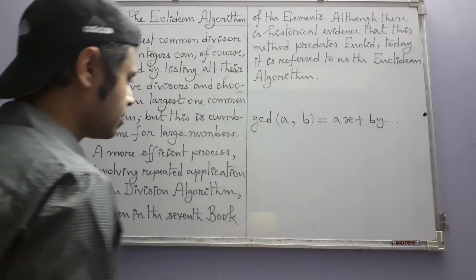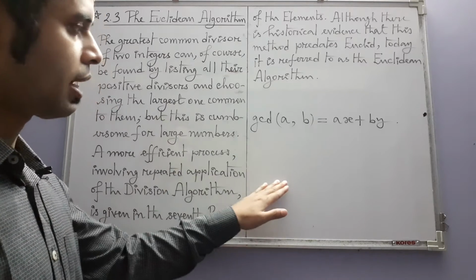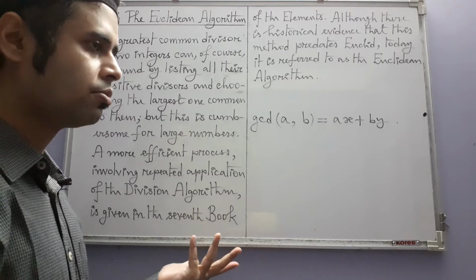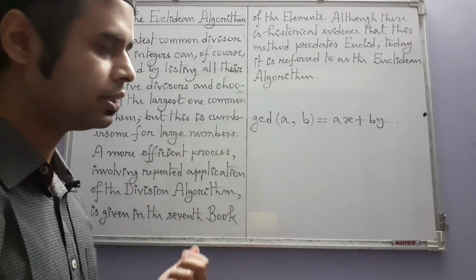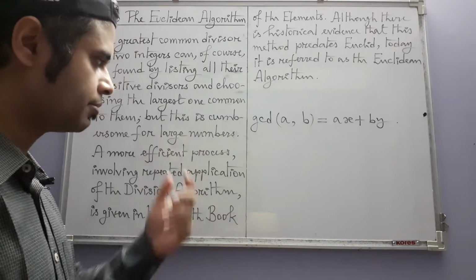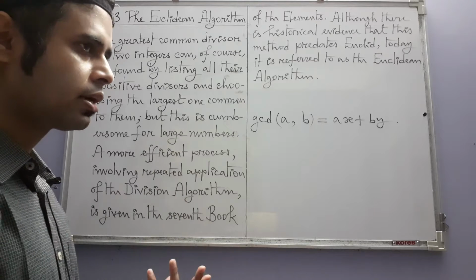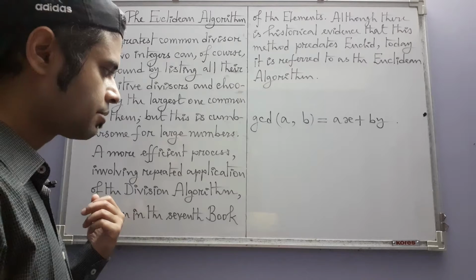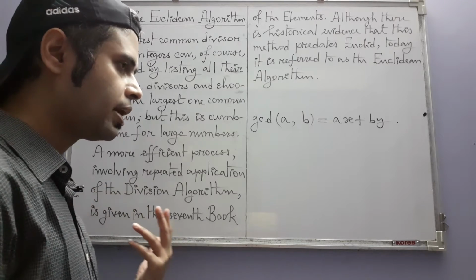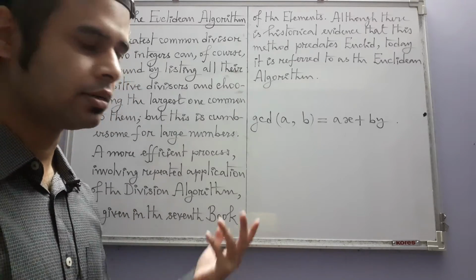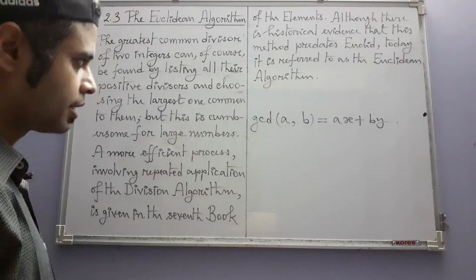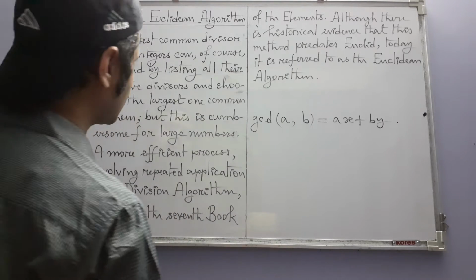Now, in this section, we ask the question, okay, if we know what the GCD of two integers is, we know the definition, but if we literally follow the definition, then the task becomes more and more unmanageable when the numbers involved become larger and larger. That's how we start this section.